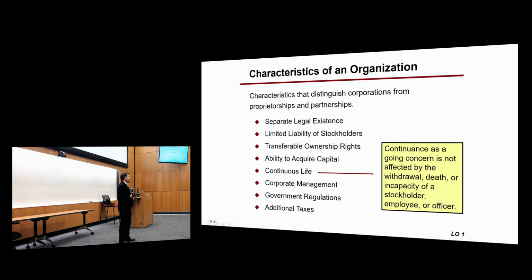So if one of the investors or shareholders dies, it doesn't affect the company. As a result, the company will have a continuous life as long as it is financially performing well. As long as it's not going bankrupt, the company will remain indefinitely.